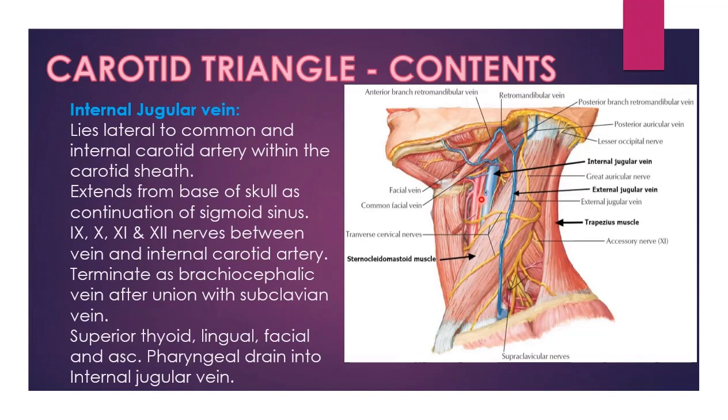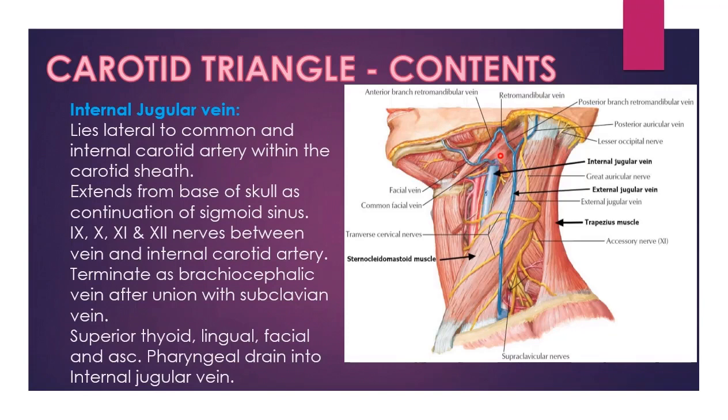Now coming to the jugular vein. The internal jugular vein is situated lateral to the common carotid artery, and as it passes above, it lies posterior to the internal carotid artery, within the carotid sheath.